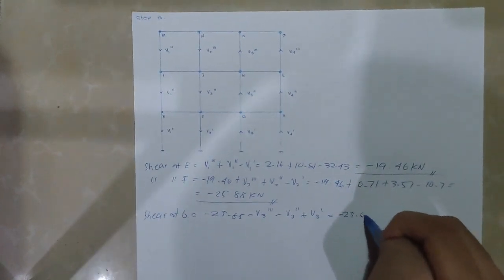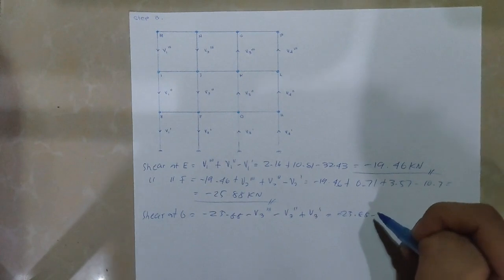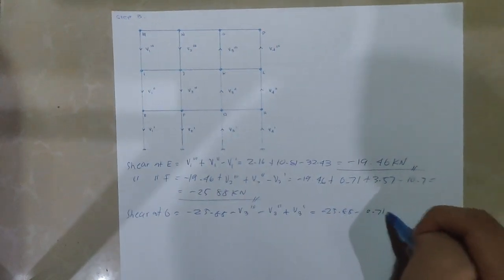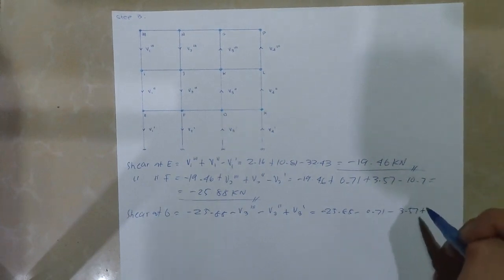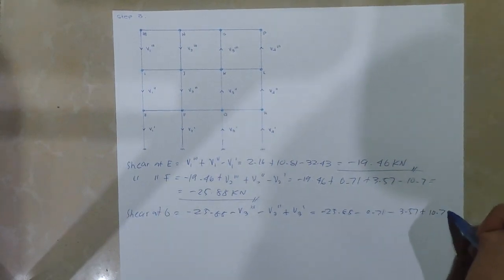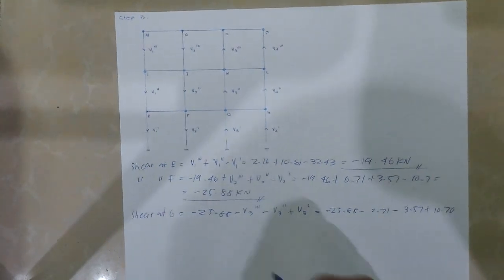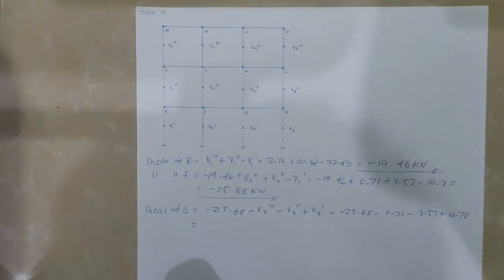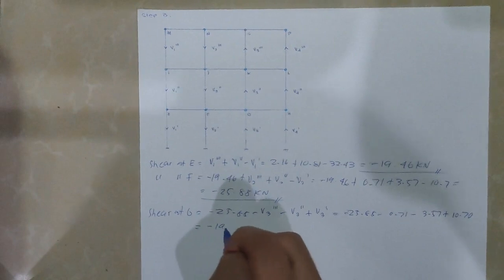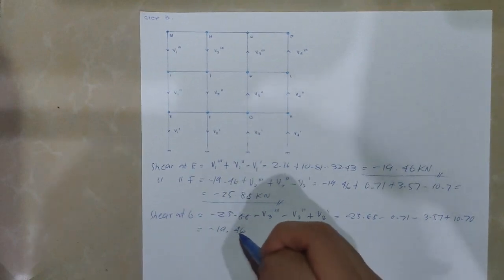Negative 25.88 minus 0.71 minus 3.57 plus 10.70. So we get the answer, negative 19.46.